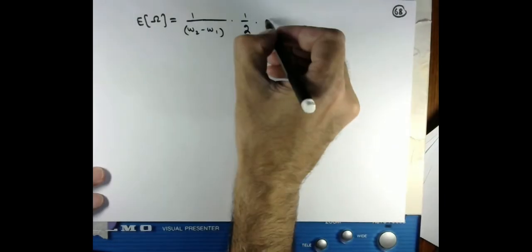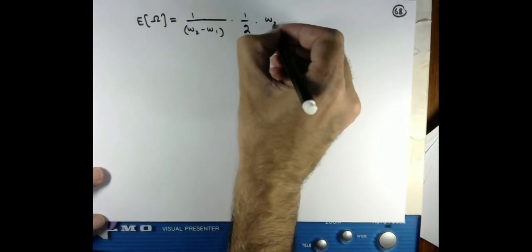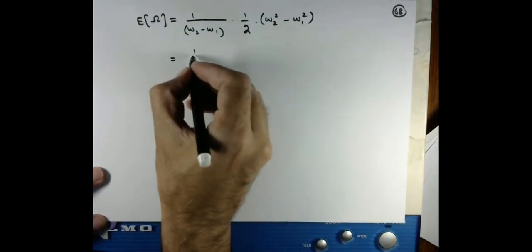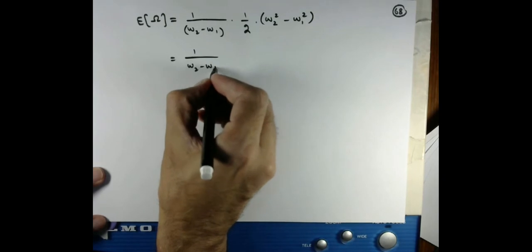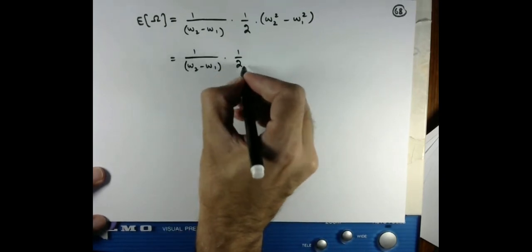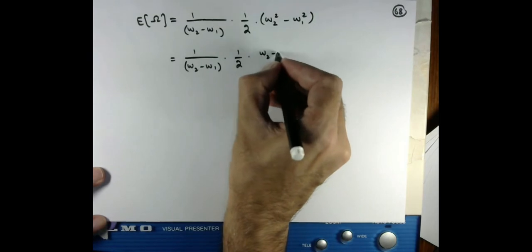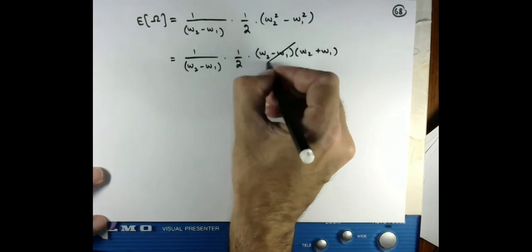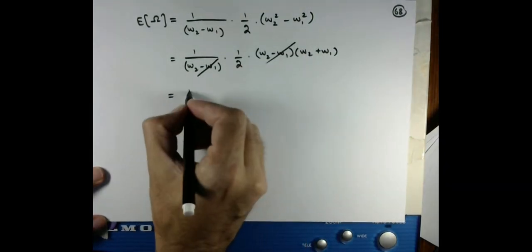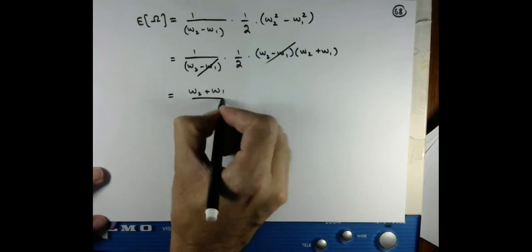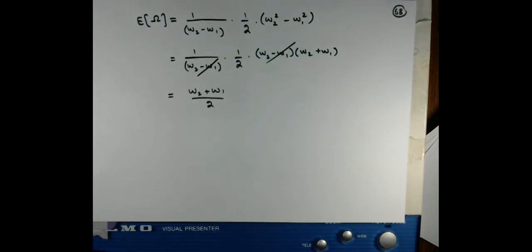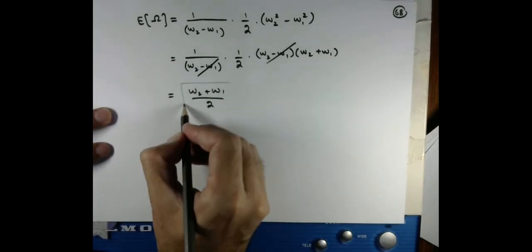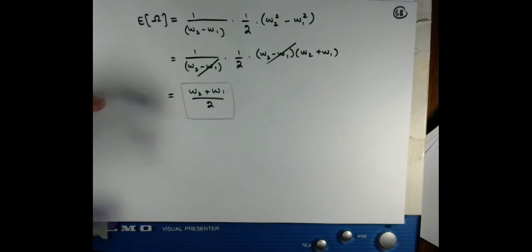So you get omega 2 square minus omega 1 square. And so this is 1 over omega 2 minus omega 1 times 1 by 2 times omega 2 minus omega 1 into omega 2 plus omega 1. So this cancels with this and you get omega 2 plus omega 1 over 2, which means exactly the middle value, and that should be obvious. Why? Because it is a uniform continuous distribution.